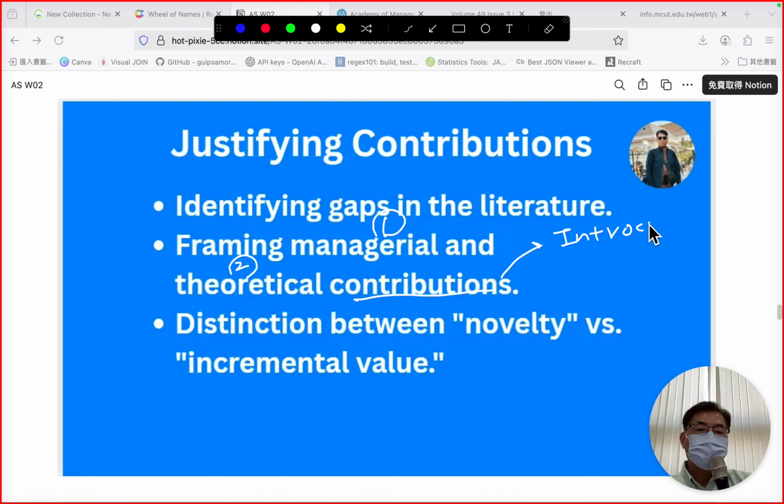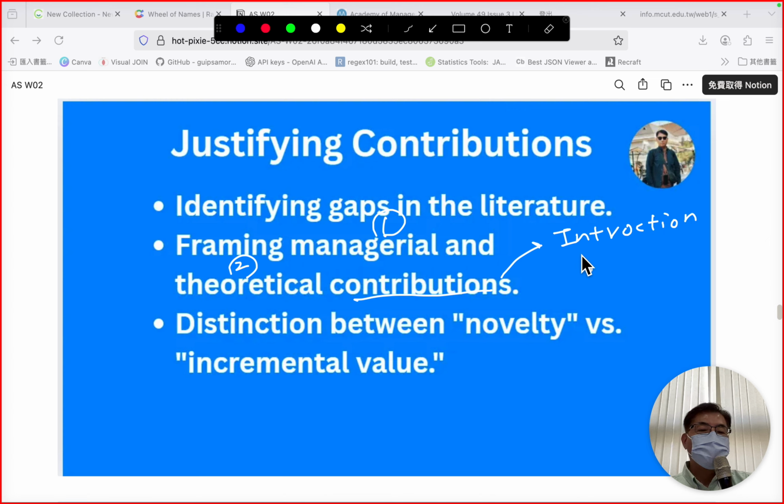In the first section of our research paper, usually we will report the theoretical contribution at the very beginning of the introduction section. So we can identify the theoretical contribution in the introduction section.